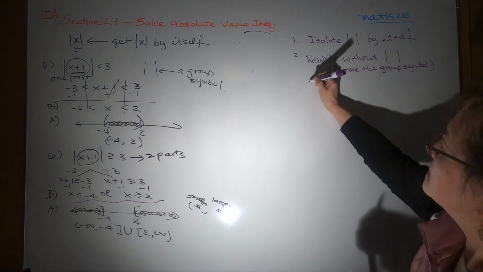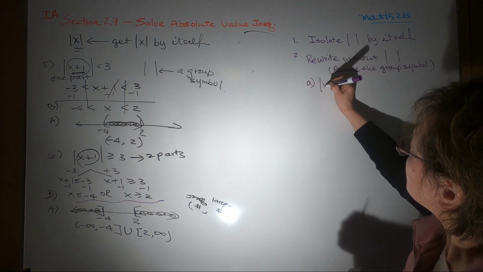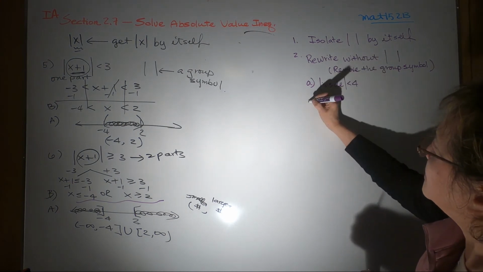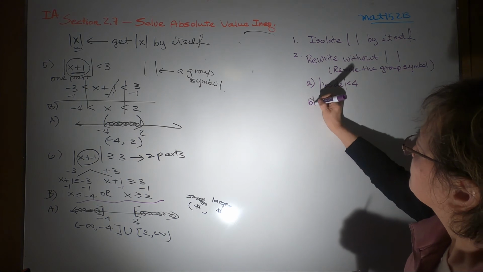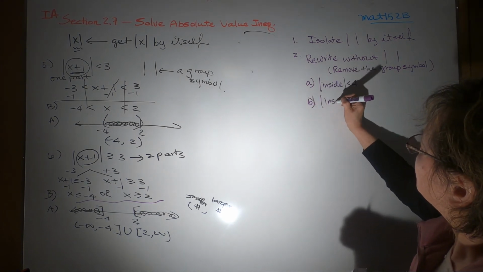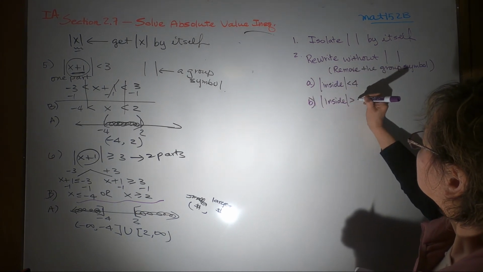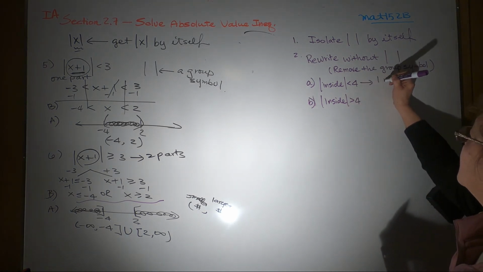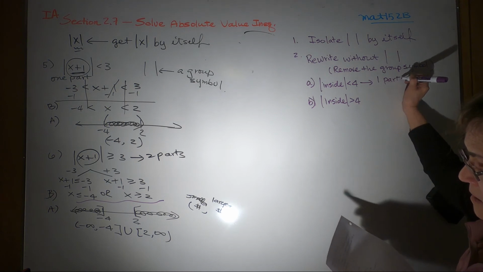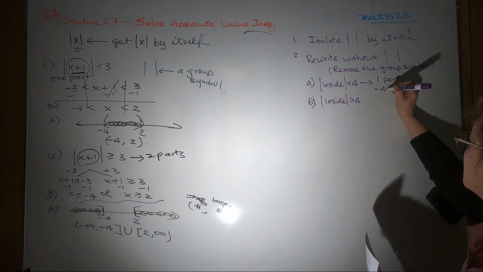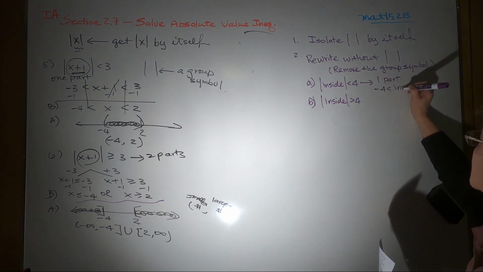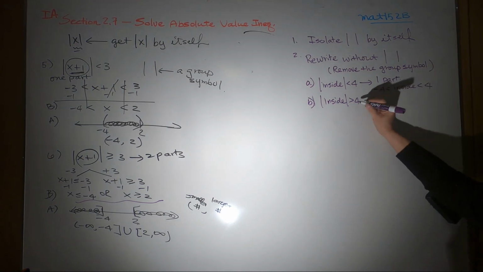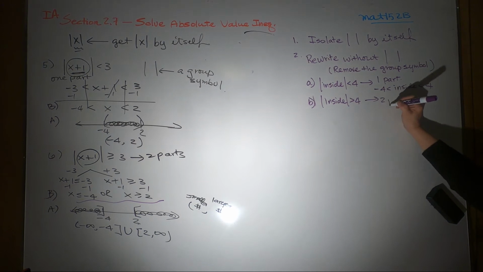So if the inside, say it's less than 4, how many parts do you have? Or if the inside is bigger than 4, right? Then this side means what? You have 1 part. Then you will write what? -4 less than the inside, then less than 4, right? If it's bigger than, how many parts do you have?